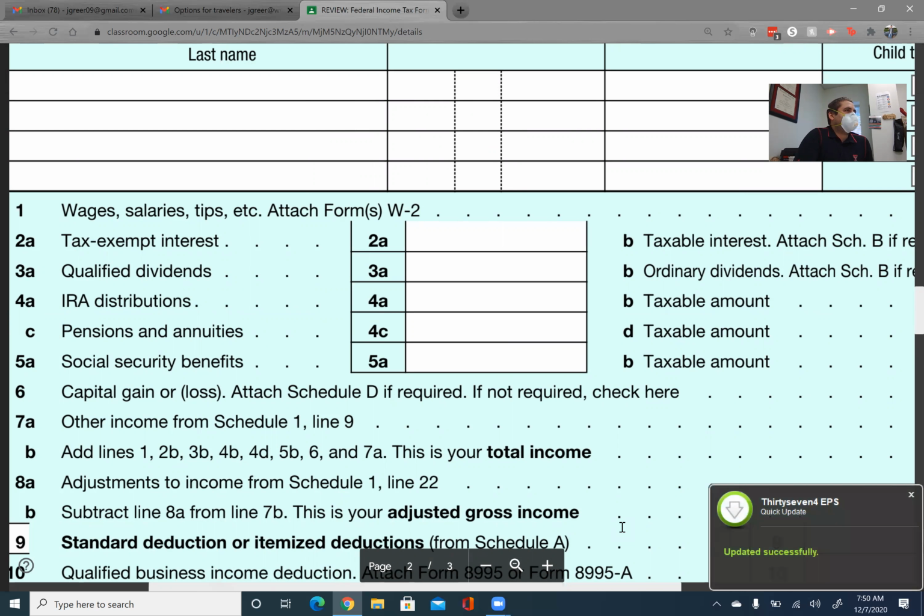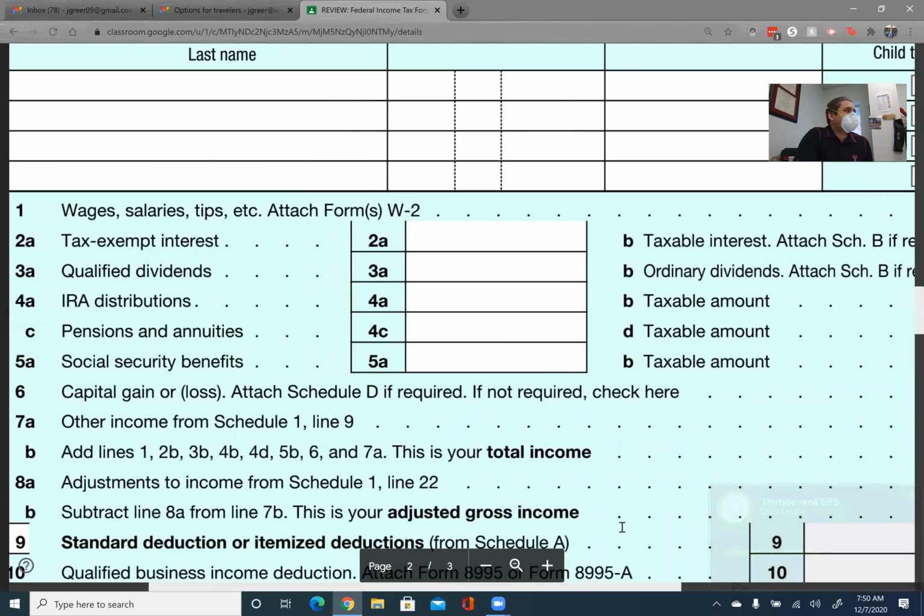Is it going to be Schedule B line 4 or Schedule B line 6? I'm sorry. Can you repeat that? Is it going to be Schedule B line 4 or Schedule B line 6 that goes into B?